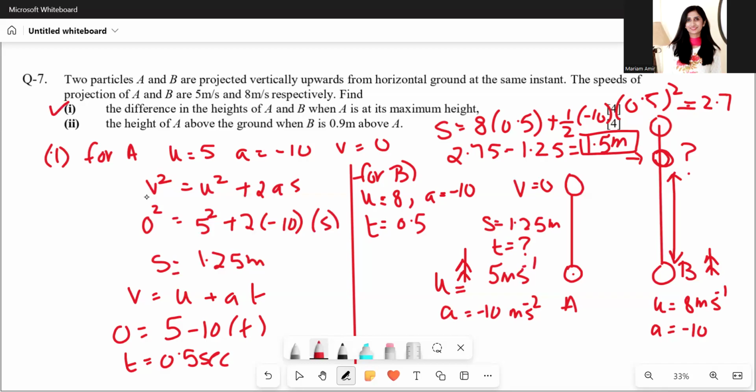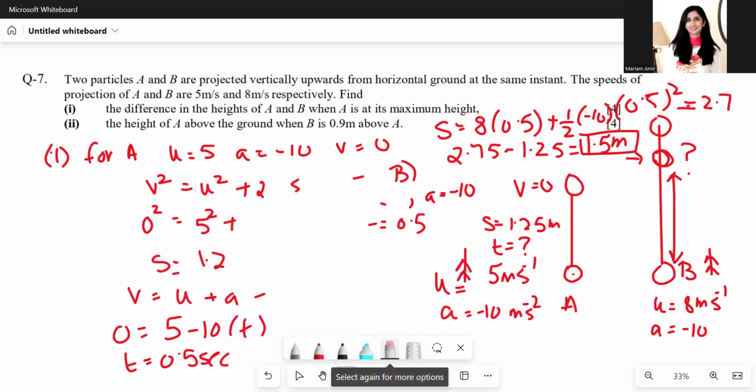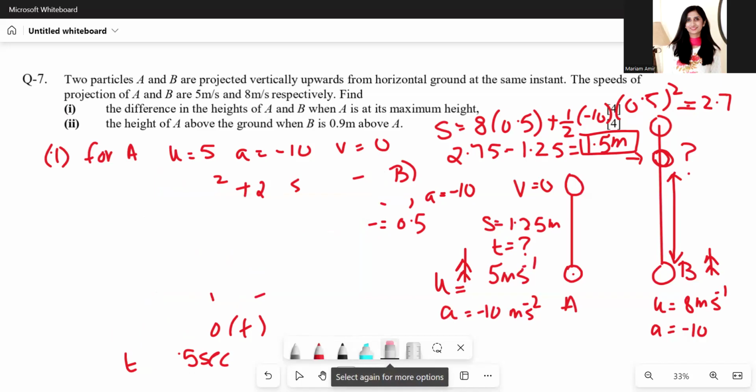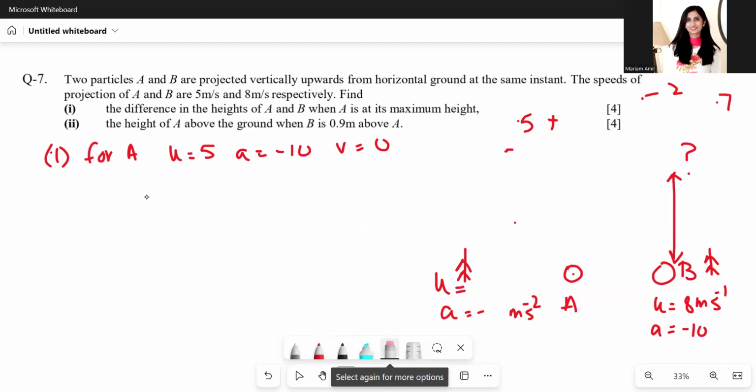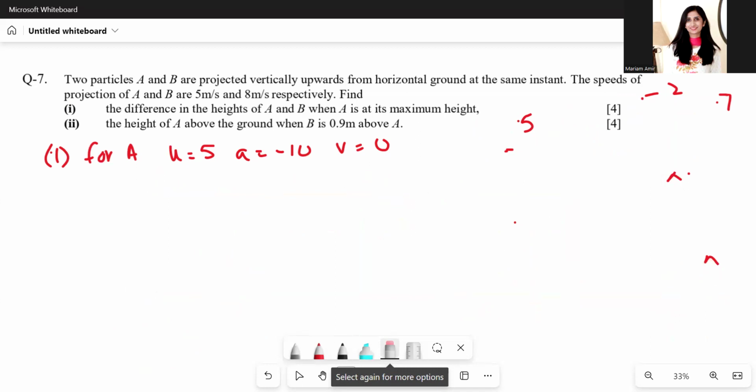Okay. Part 2 is the height of A above the ground when B is 0.9 meters above A. Okay, let's see. Oops, I did not need to clear that. Anyway, it's done now.